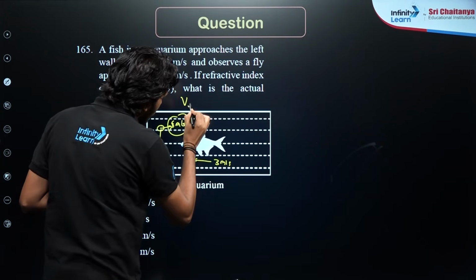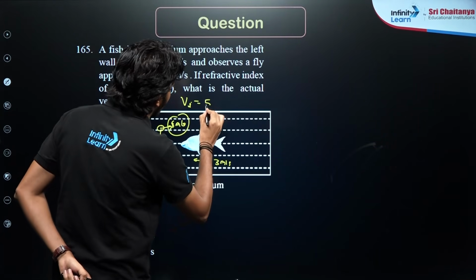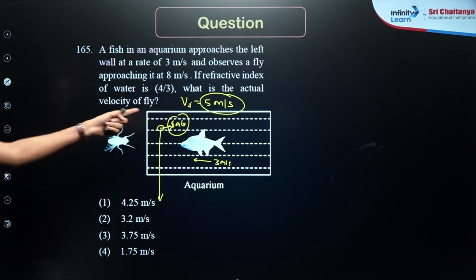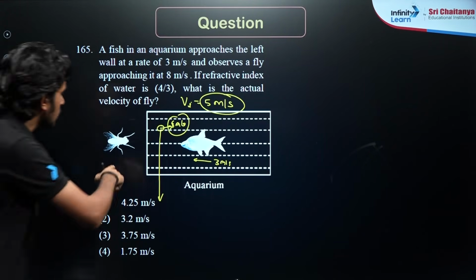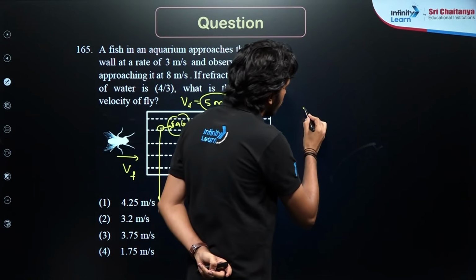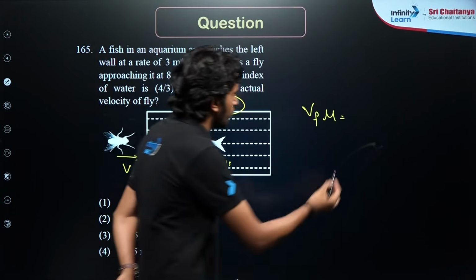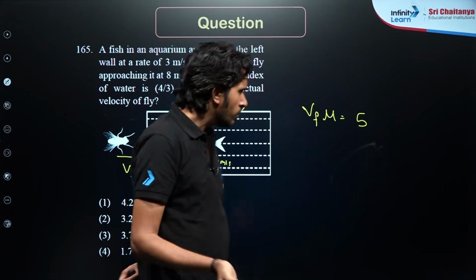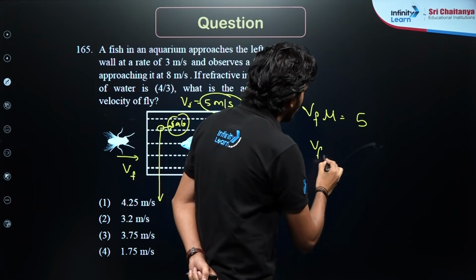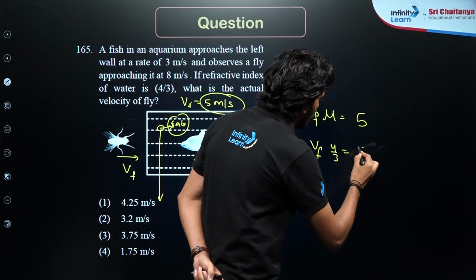So the actual velocity of the image, I am calling it, is 8 minus 3, 5 meter per second. And that 5 meter per second is, let's say velocity of fly is Vf. So if you multiply Vf with mu, then you will get the value, that is 5, right? Simple problem. Okay, so mu is given as 4 by 3. Vf into 4 by 3 equals 5.